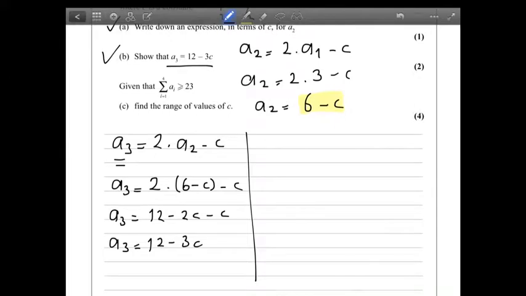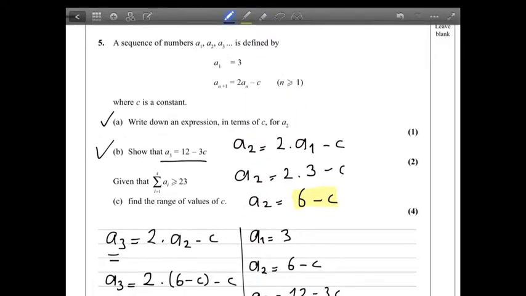We have the first term as 3, the second term A sub 2 is 6 minus C, A sub 3 is 12 minus 3C. What about A sub 4?